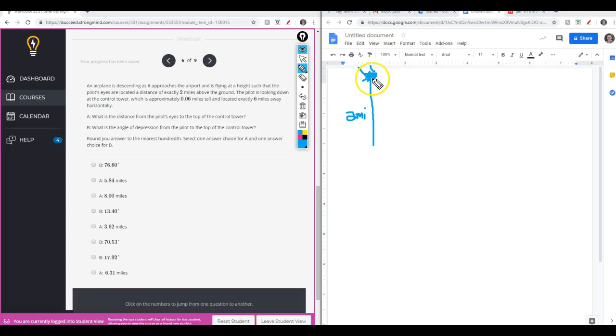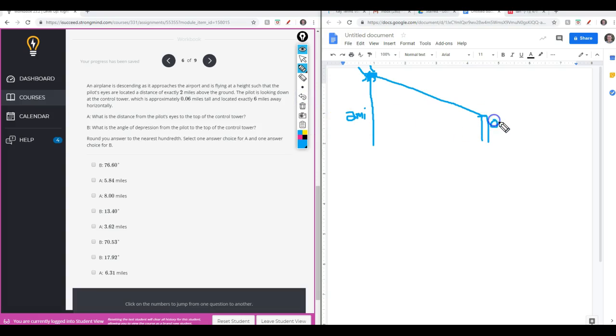The pilot is looking down at a control tower. So he's looking down at some control tower. Right? And the height of this control tower is 0.06. I'm going to write that on the other side.